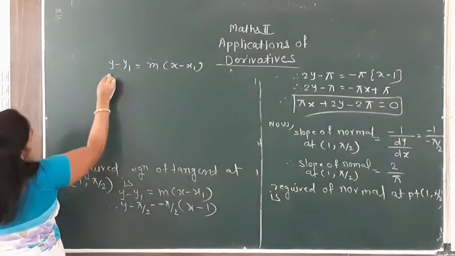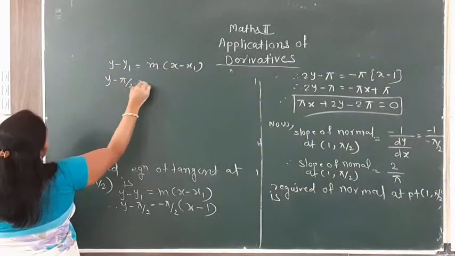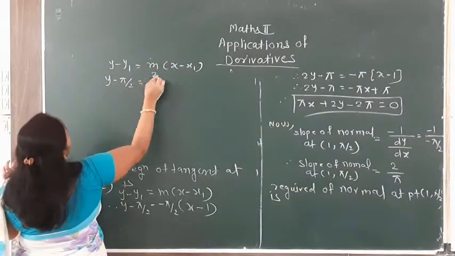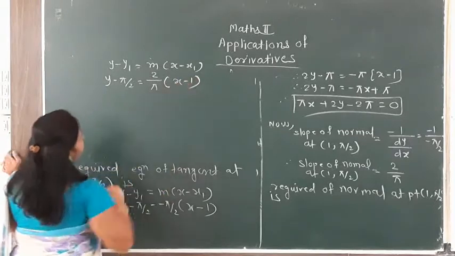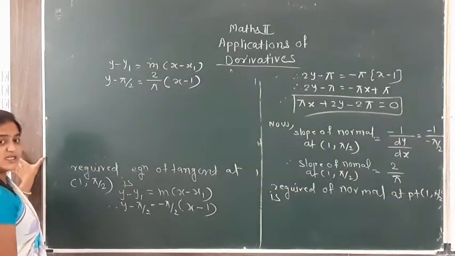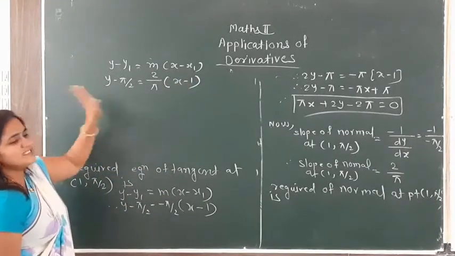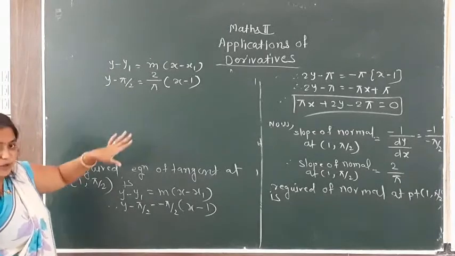So substituting the value, y minus pi by 2 is equal to 2 upon pi, x minus 1. Now again, the denominator is not the same, so 2 pi is multiplied on both sides.